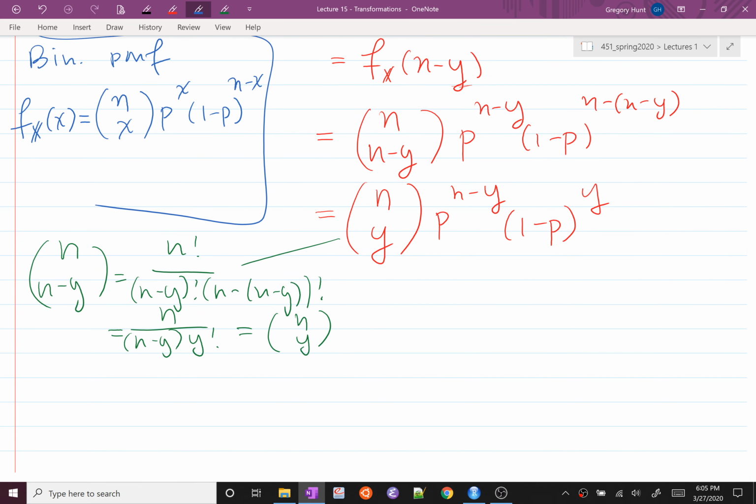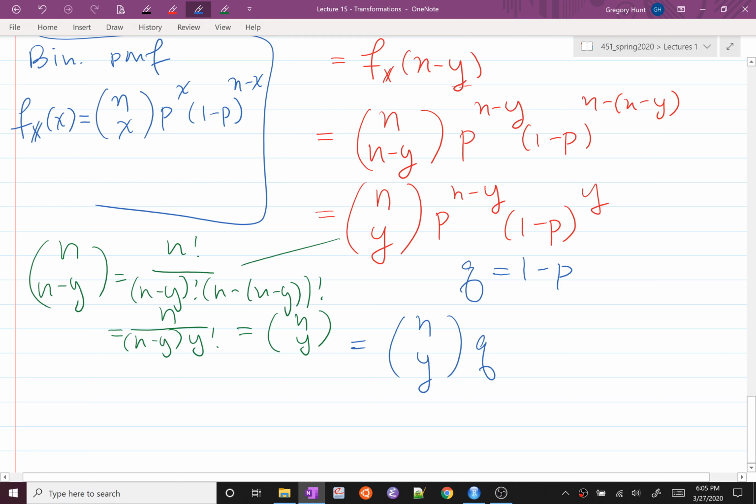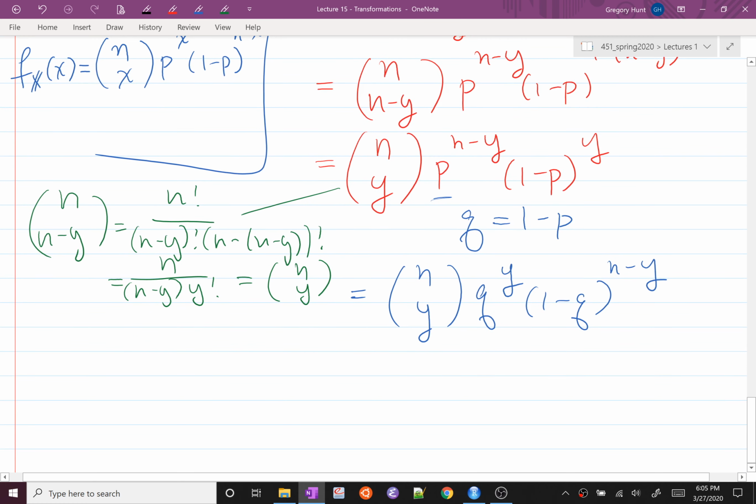Okay. If we were to call 1 minus p q, we could write this whole thing as n choose y, and we would get q to the y, and 1 minus q, which would be p, to the n minus y. Now that should look somewhat more familiar.